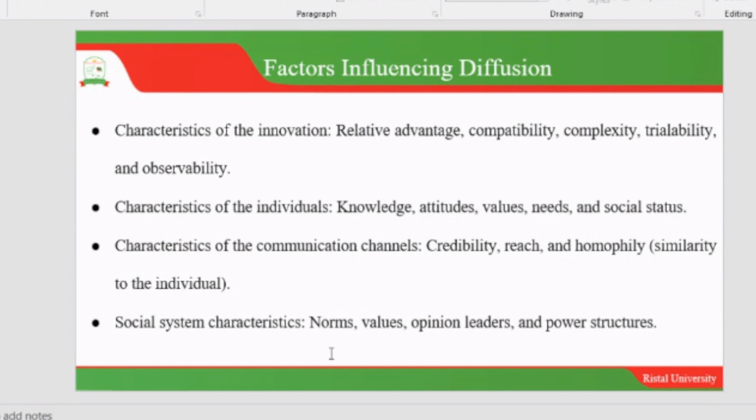Okay. And how far does this communication channel reach? If you are delivering this innovation to the entire country and you're using perhaps a radio station that only covers the city, then obviously it will not serve its required purpose.